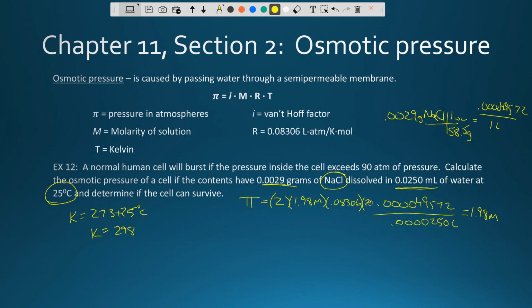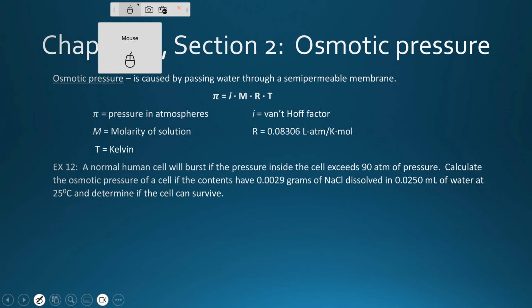And so with 298 here, I end up with my osmotic pressure being a value of 96.9 atmospheres. Now, the problem was saying the cell will burst if it goes anything over. So guess what? There goes that cell. So we got it too strong, and that cell will burst.